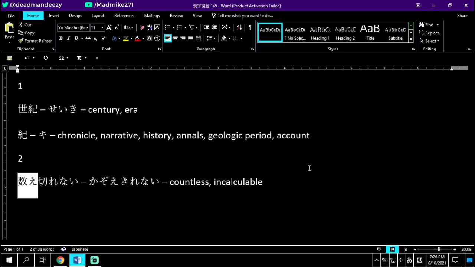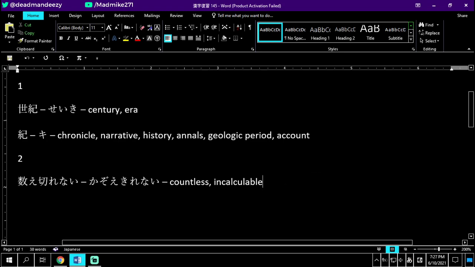Kirenai. The number cannot be cut. Incalculable. There are too many of them. Kazoe kirenai. Countless or incalculable. A lot.